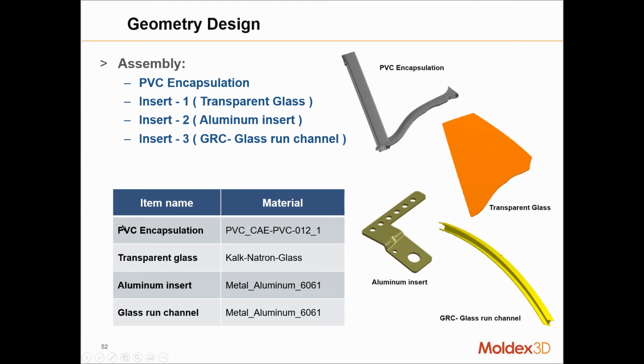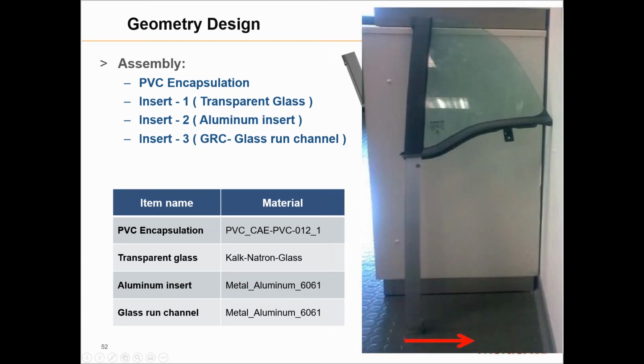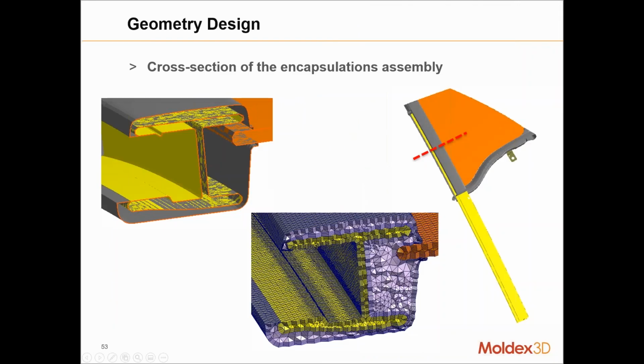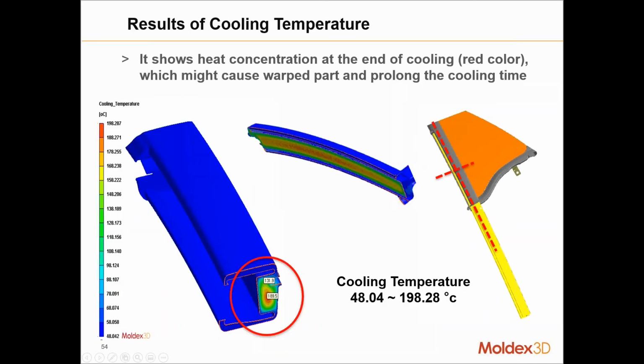And this is giving you an idea of what the actual part looks like. But when you look at the cross section of the geometry, you can see where they have a very thick section that was causing a big hotspot in their model, and it was causing unacceptable warpage for them.